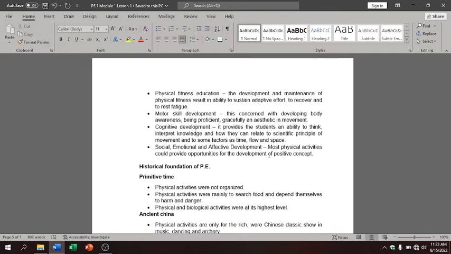So somehow as you can observe, some people don't have this development, that if ever they lose or are defeated, they get angry. So by this objective, one thing to develop in physical education is sportsmanship, no? To accept the result, if ever you lose or win.